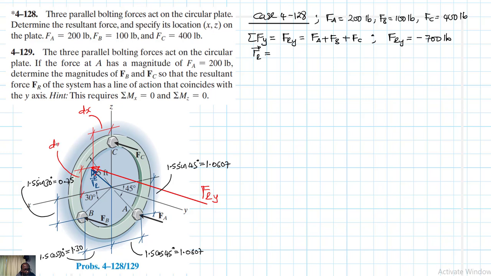This one is dz. Great. Therefore, this is just going to be equal to dx i plus dz k.